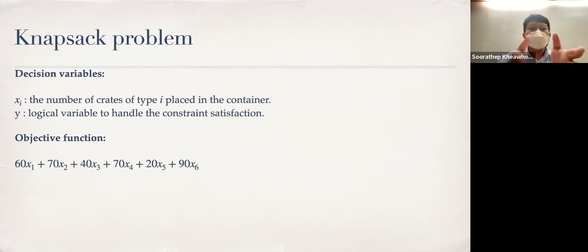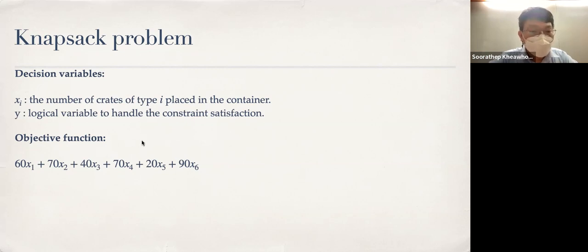You cannot send only half of a crate. x is the number of crates, so it can only be an integer. And we have a logical variable here, we call it y, to handle the constraint satisfaction. I will tell you later why we need it.